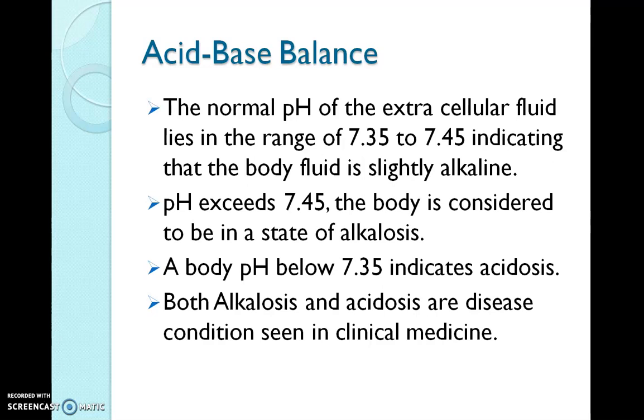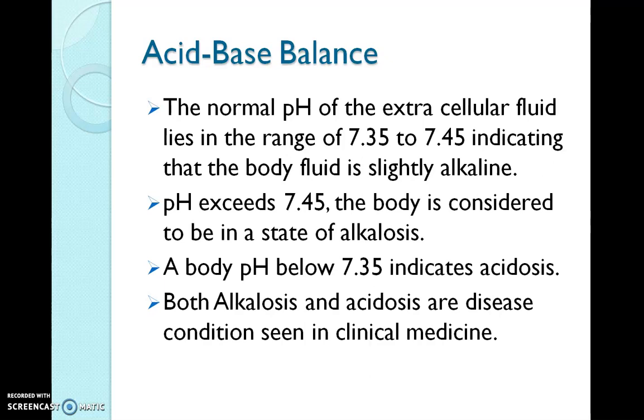When pH exceeds 7.45, the body is considered to be in a state of alkalosis. Alkalosis is excessive blood alkalinity caused by an overabundance of bicarbonate in the blood or a loss of acid from the blood, or by a low level of carbon dioxide in the blood that causes deep breathing.